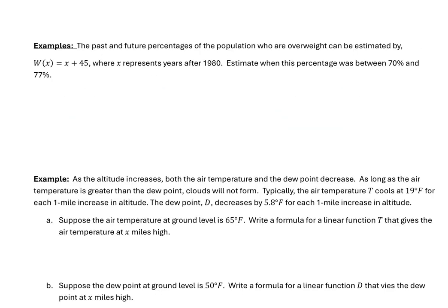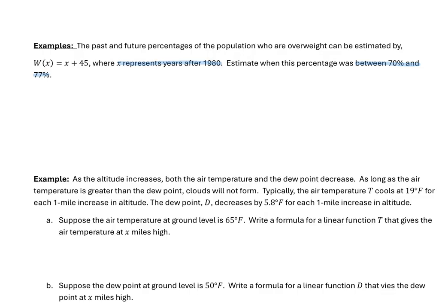Okay, let's see here. Our first example, we have the past and future percentages of the population who are overweight can be estimated by W of x equals x plus 45, where x represents the years after 1980. We want to estimate when this percentage was between 70% and 77%.